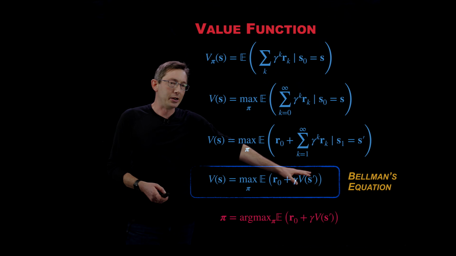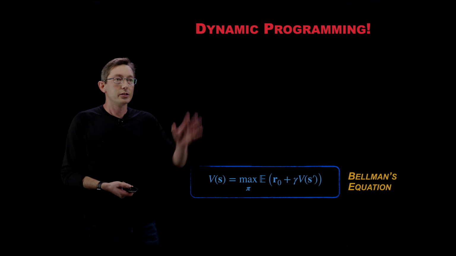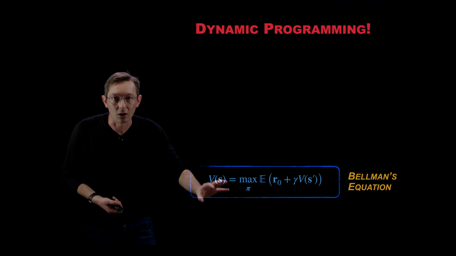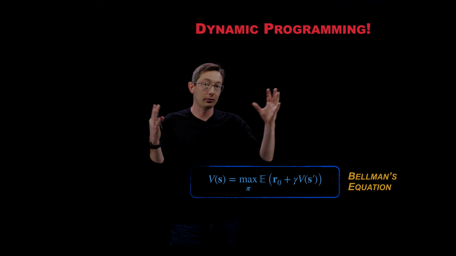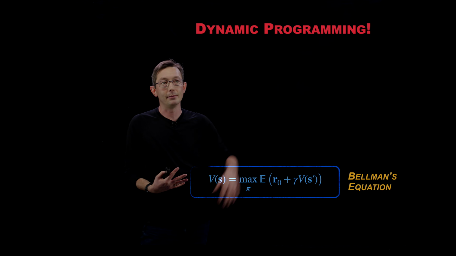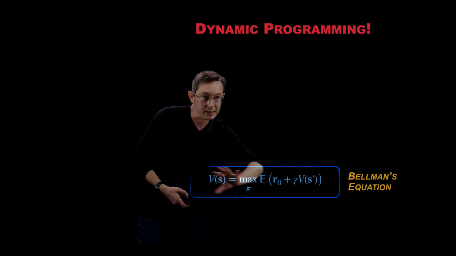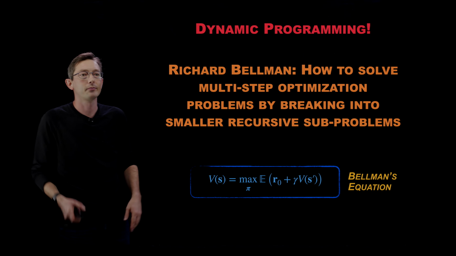So this is Bellman's equation, and this is the basis of dynamic programming. Dynamic programming is how we build up this value function. Again, we assume we know the rules of the game, but we don't know the value function or the optimal policy pi. We can build this up even for complex games using dynamic programming, as long as this equation is true, and it's true for Markov decision processes.